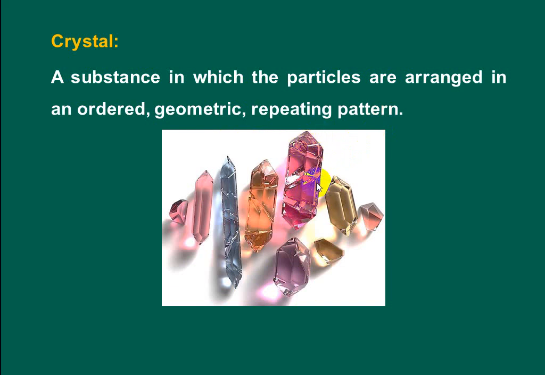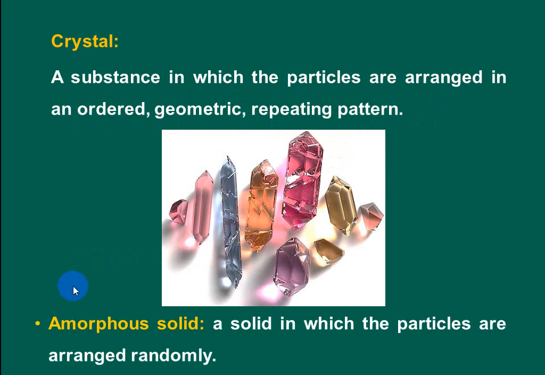This crystal takes its own shape because the particles inside it take an ordered repeating pattern that gives the crystal its external shape. While an amorphous solid is a solid in which the particles are arranged randomly, as mentioned in the previous slide.